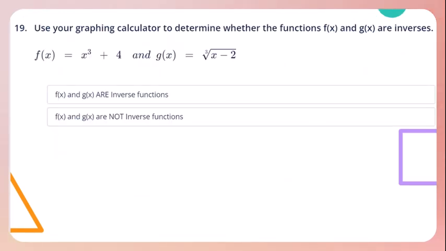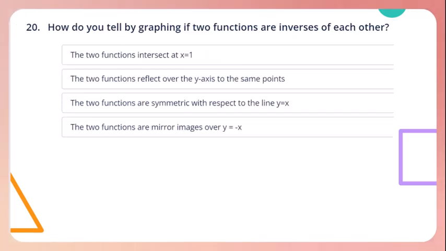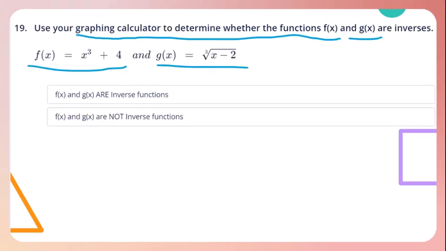Question number 19. Now we can use our graphing calculator to determine whether the functions f of x and g of x are inverses. So we're going to put this into Desmos, and this into Desmos. And then we're going to look at what that looks like. Let me go back over to Desmos. x cubed plus 4.